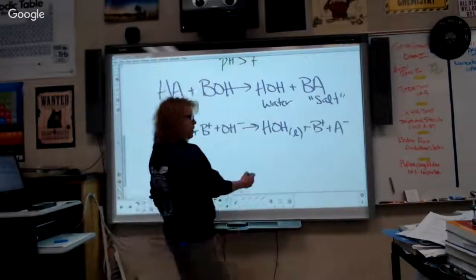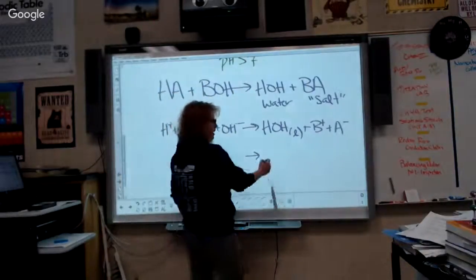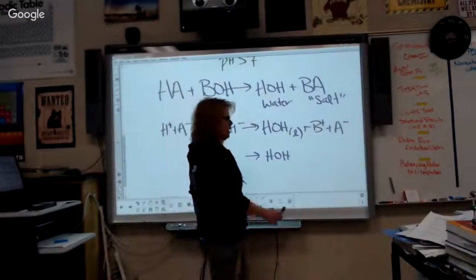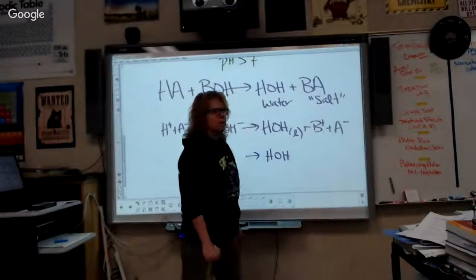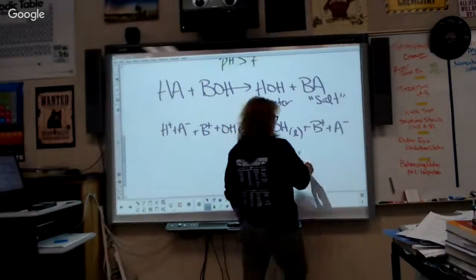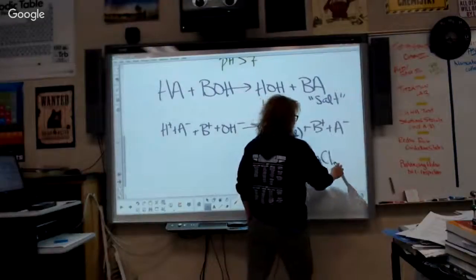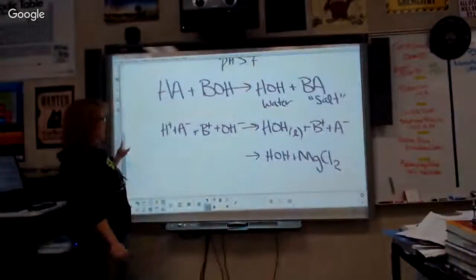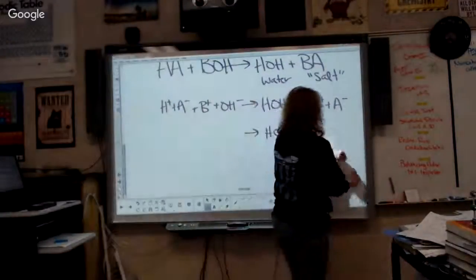So you could have a salt, something along the lines of, you don't have to write this part down if you want to. Let's say you have the salt, what would work? What would be the acid and base? I'm going to do this one.